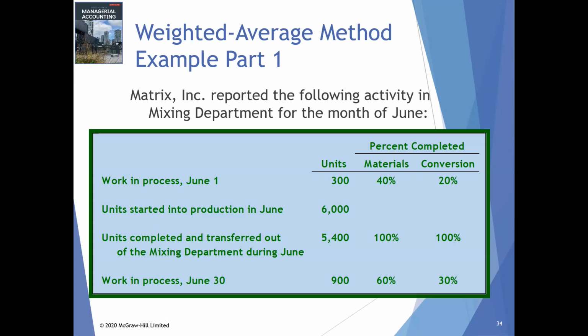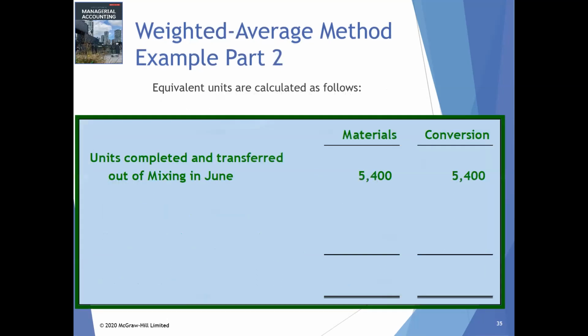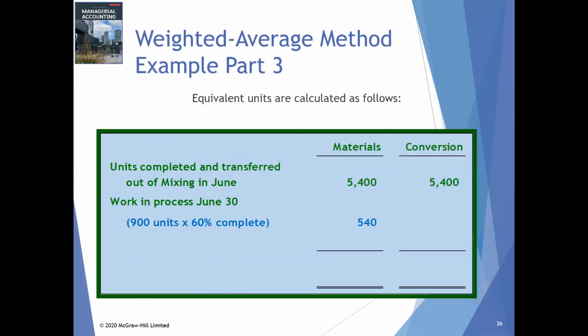So now in this case, look at this slide. 5,400 is the material and conversion units. Units were completed as far as the material is concerned, meaning 100% material was put on creation of this unit. And conversion cost means direct labor and manufacturing overhead, right? 5,400.